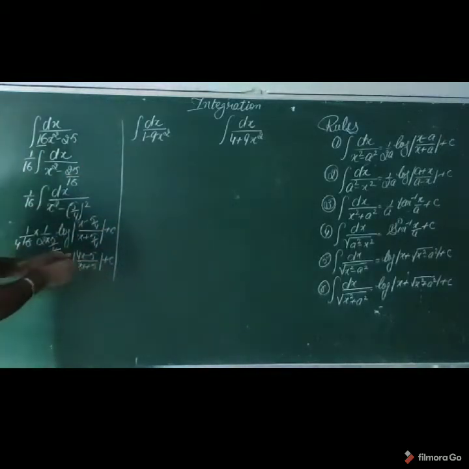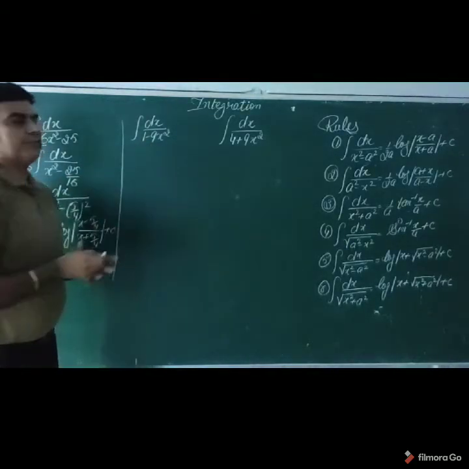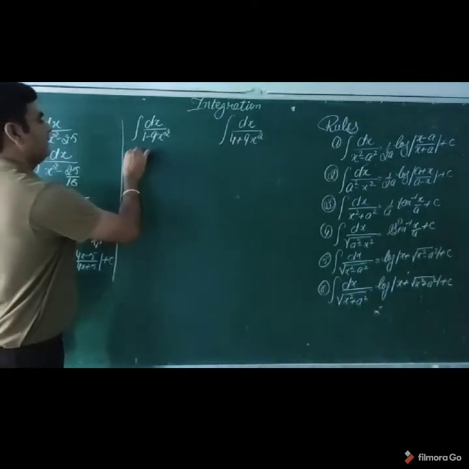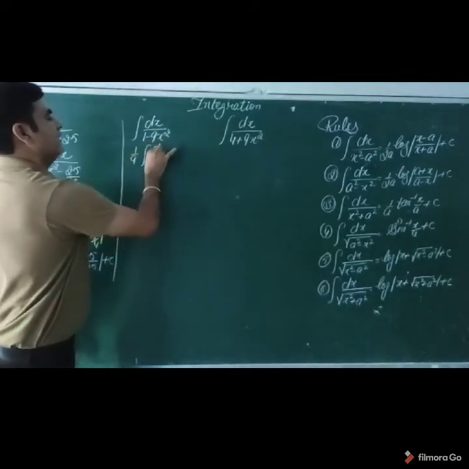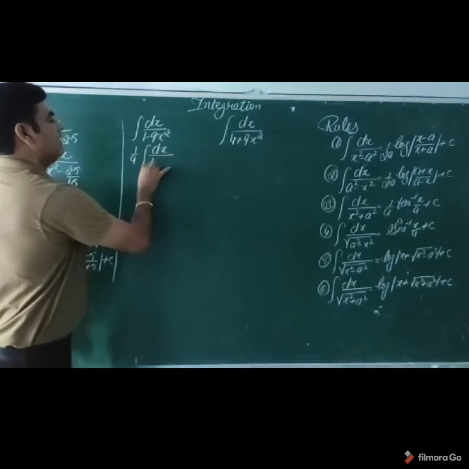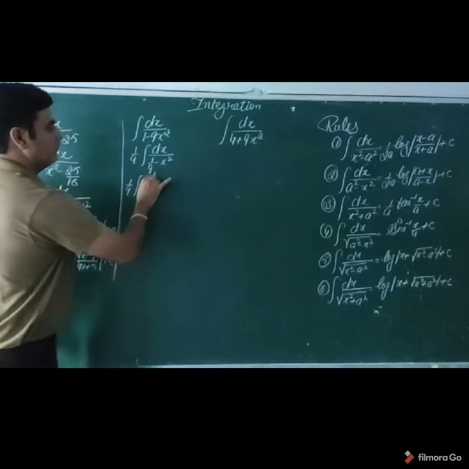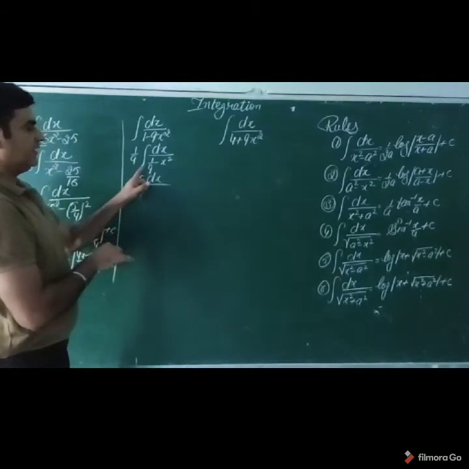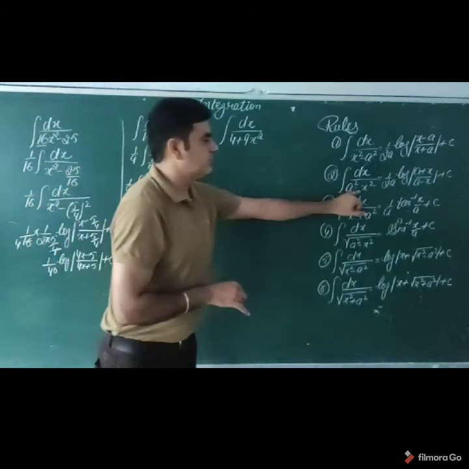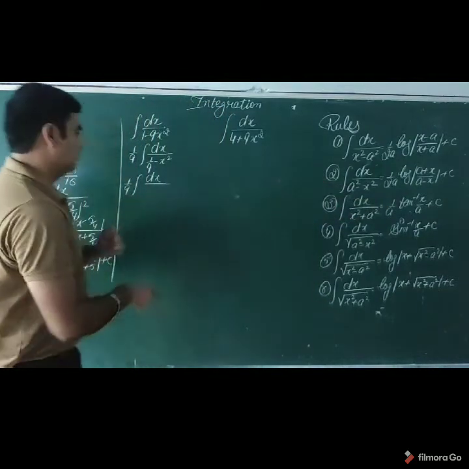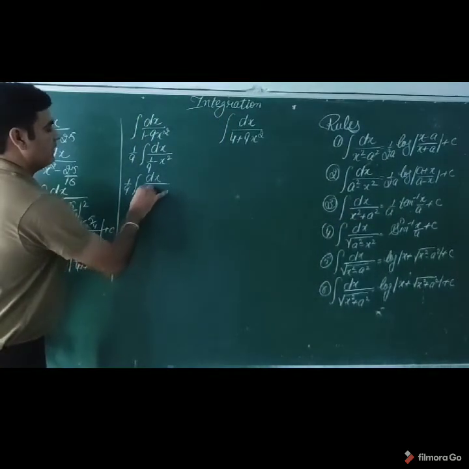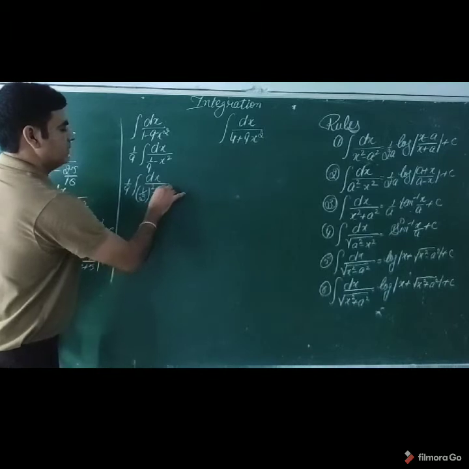And next, if you see here, the coefficient of x square is not 1. Taking 9 common, we get dx divided by 1 by 9 minus x square, with 1 by 9 outside. Both the terms should be perfect squares. a square is positive, x square is negative, so we have to use the second rule. It can be written as the square of 1 by 3, and it is a square of x.